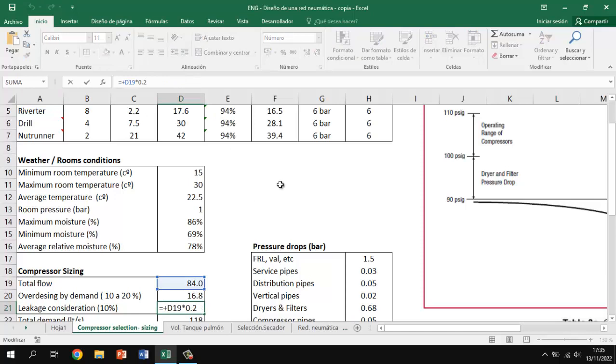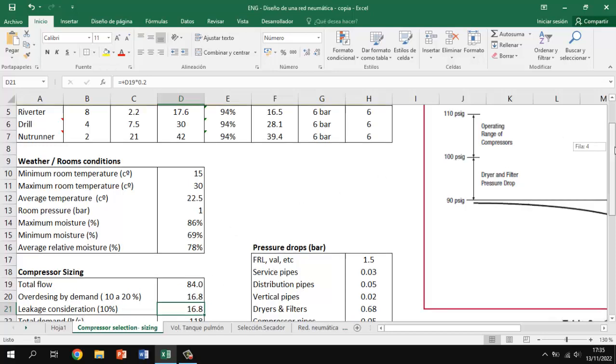But I think in a normal condition, 20 should be the maximum that you allow for your air compressor demand. Because if it's more, you're gonna be losing money. You are wasting energy. So I put 20 in this case, but it should be 10.